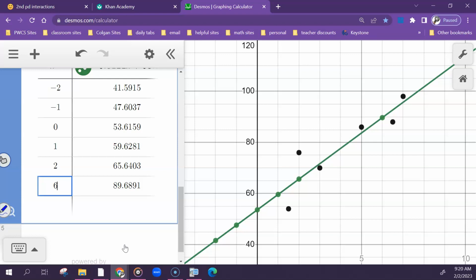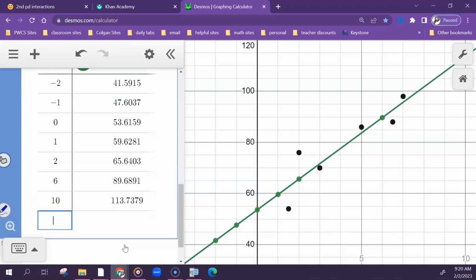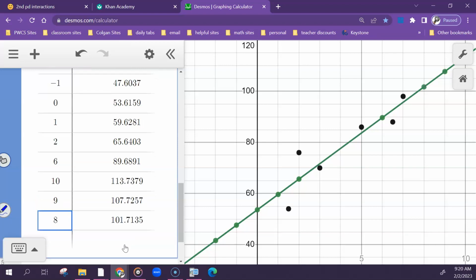The 100, so I'm going to show this and then show the other way, is tricky because you can't put in y values, so you have to play this guessing game. What would be close to 100? I know 6 gives me 89, so let's say I said like 10. Well, that goes over 100, so let's get something closer, like 9. Okay, 8.